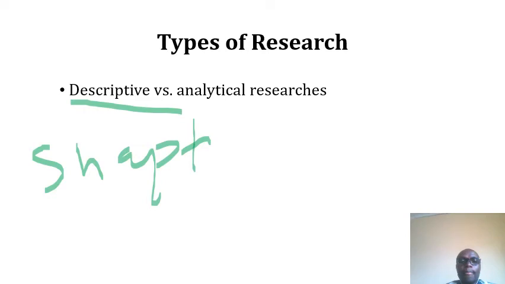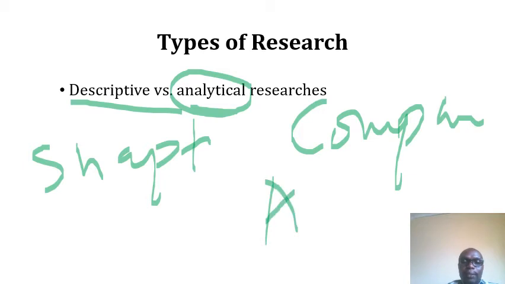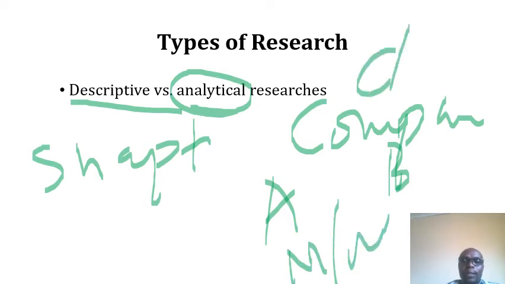Whereas analytical comes from the word analyze, where there's mostly comparison. There's comparison between point A and B. There's comparison between gender, men and women. There's comparison between children and adults. So when there's such kind of a comparison, it's already analytical in its nature.